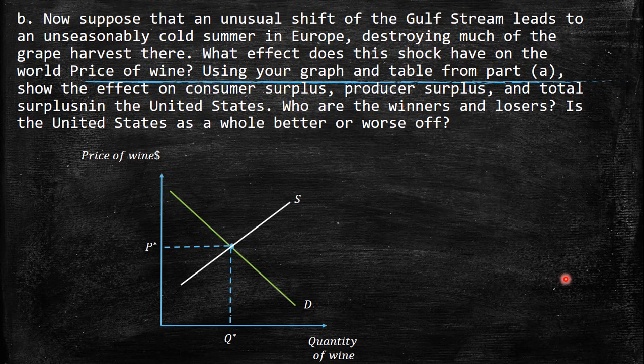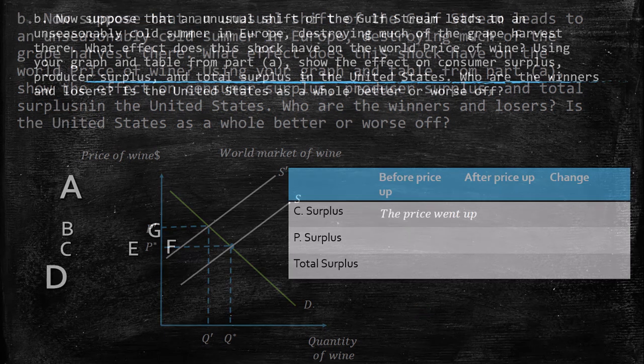In this case the supply is going to shift to the left, given the exogenous shock to wine. So at this point the world price is going to increase from P star to P prime. Now there's going to be an increase of the world price. So the price went up.